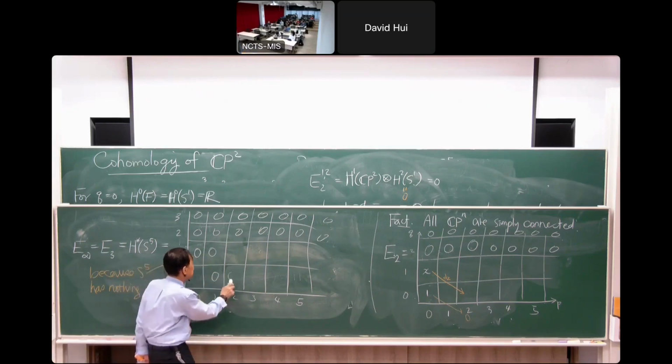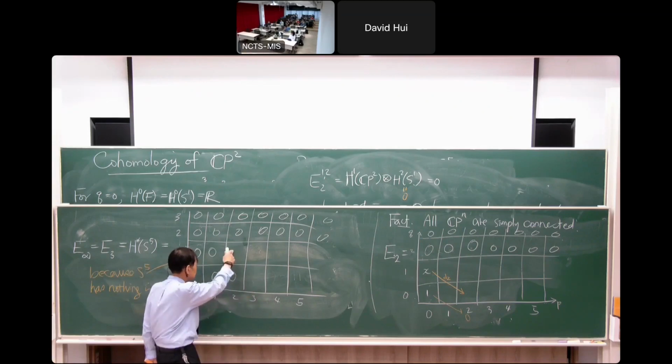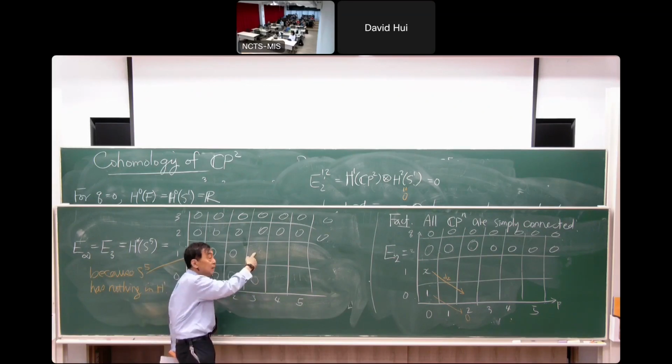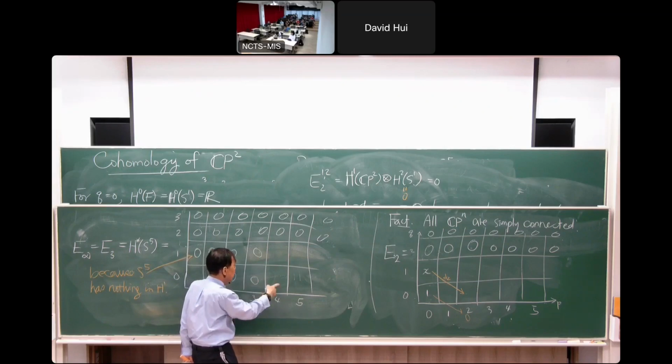Okay, this is 0. How about here? 0, that's degree 3, right? And this is also degree 3, nothing. Here, 0. Here, 0, degree 4.